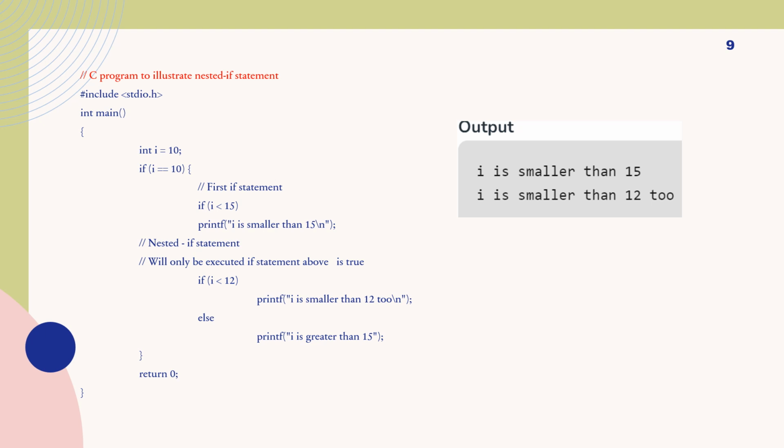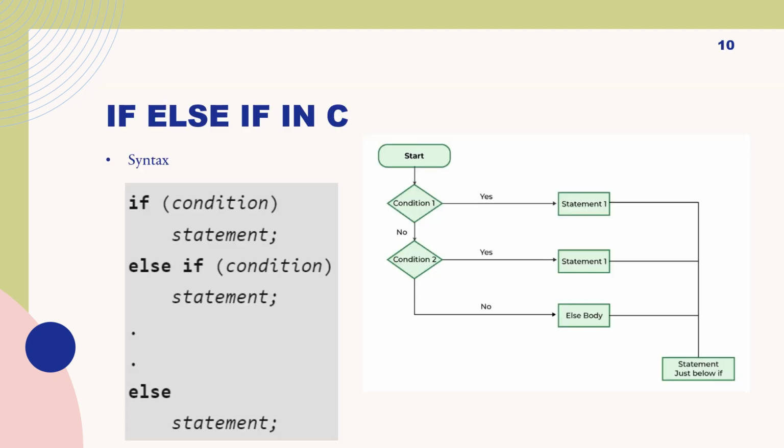Both the conditions are true, so it will print these two statements. Otherwise it would print "i is greater than 15", but that condition is not satisfied, so you get the output "i is smaller than 15" and "i is smaller than 12" too, as per the print statements.